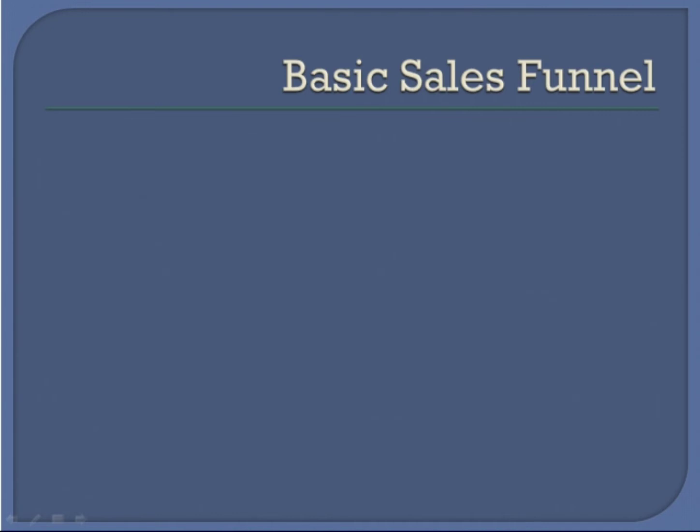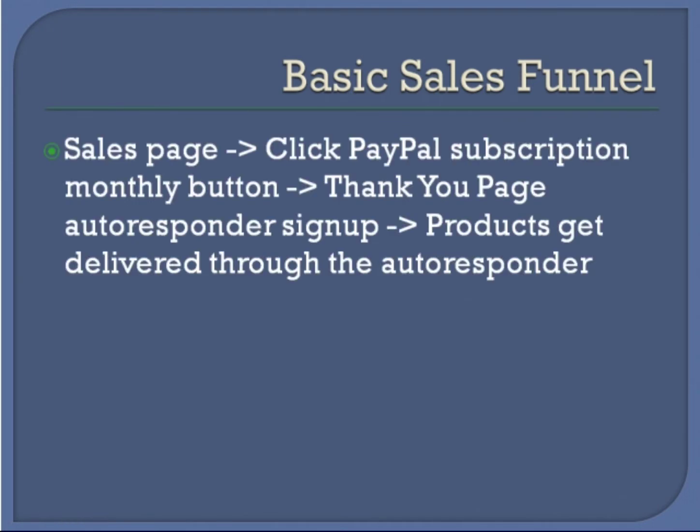Let's talk about the basic sales funnel. How are you going to deliver your product from the point of the person landing on the sales page to going to the PayPal button to getting delivered the content? Normally, this is what it looks like. Somebody goes to your sales page, they click on the PayPal subscription button. It can be monthly, it could be weekly, and so forth.